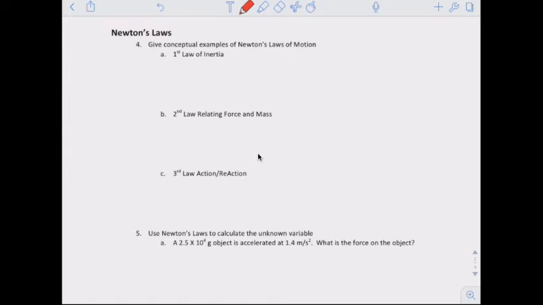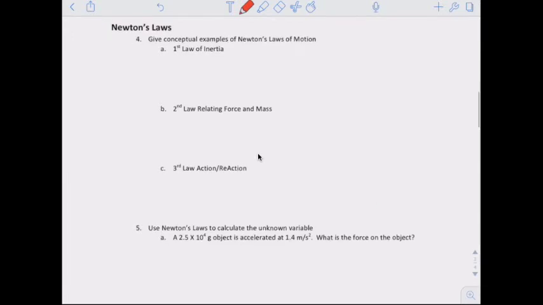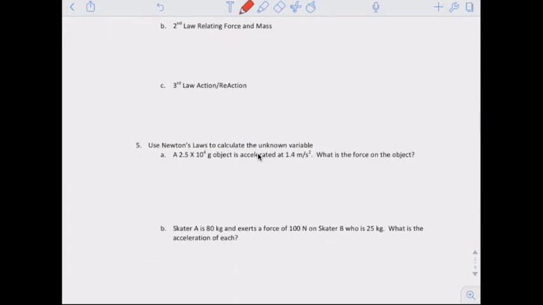And then lastly, we have our law of action reaction, that if you apply a force to something, the same force is applied back. So if I push on a wall with 100 newtons of force, the wall pushes back on me with the same amount.